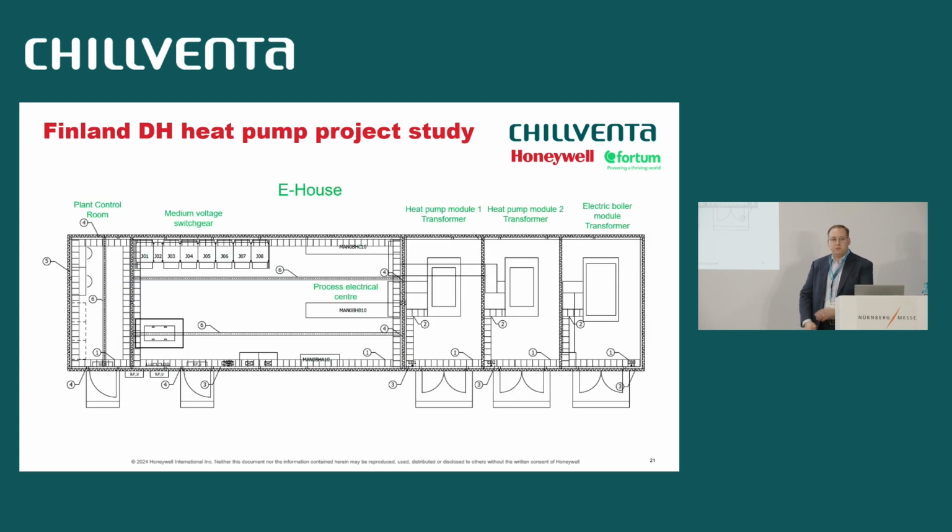And of course, what should not be neglected is that we need a lot of electrical systems, and it has a big capex effect on these kinds of projects. So we have transformers for every single unit, for the electrical boiler, the 2 heat pumps, and of course a lot of space needed for the process and electrical stuff and the switch gears and the control rooms.